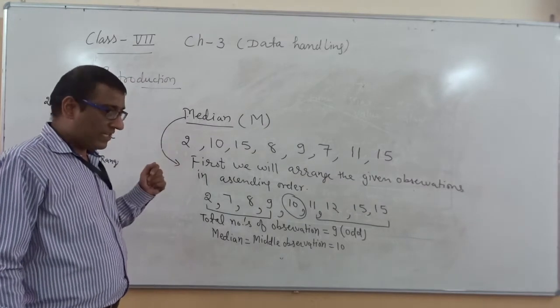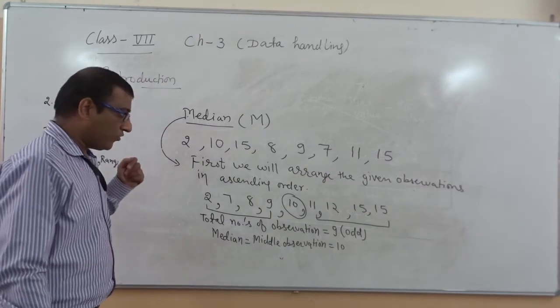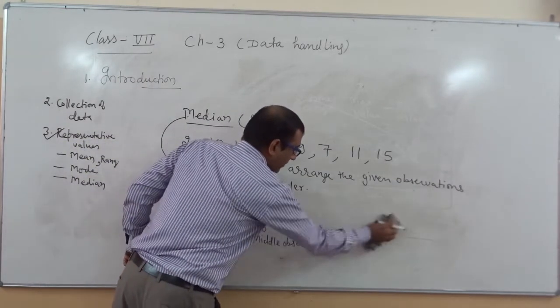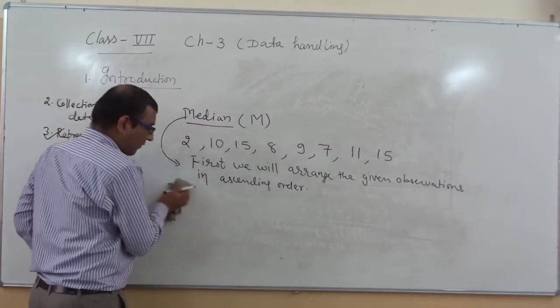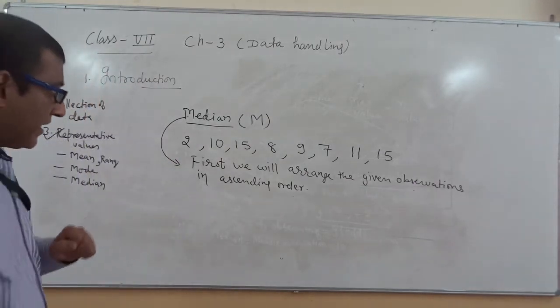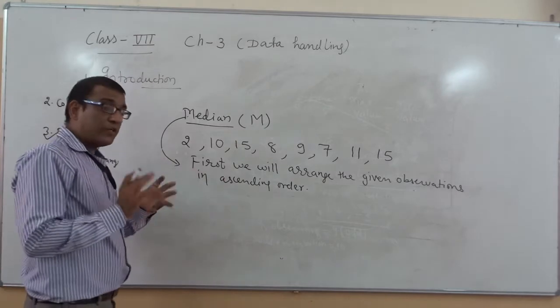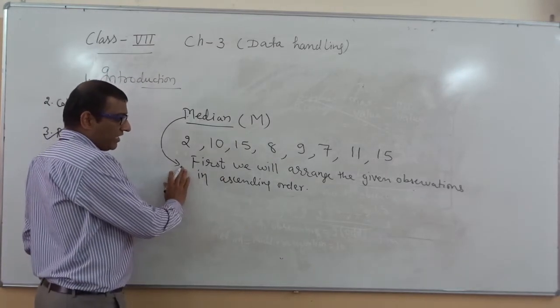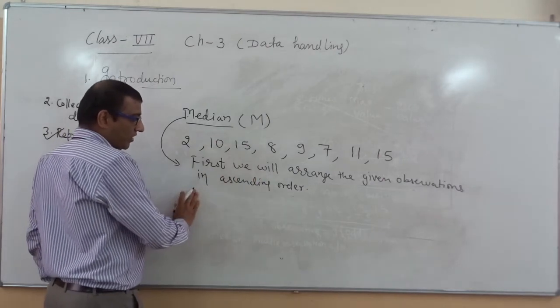Earlier it was 9. So how will we solve the same question? Okay, first I will rub it. This time if you count, all the observations total 8, and 8 is even because 8 is fully divisible by 2. So again, first we will arrange the given observations in ascending order.